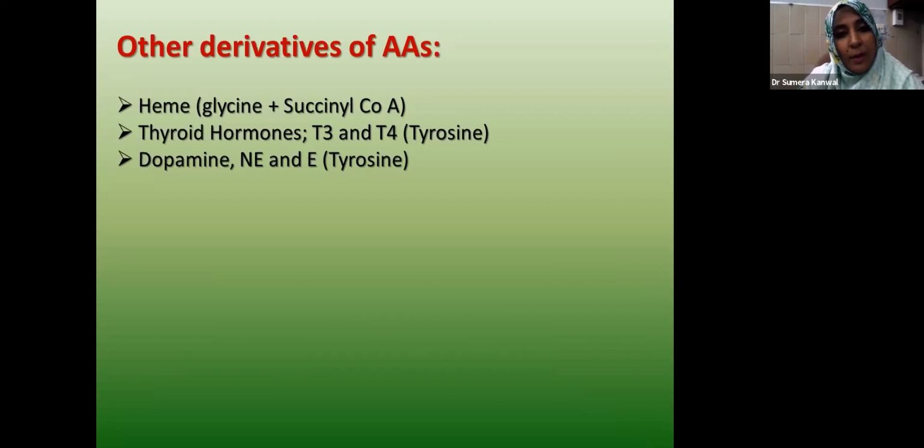Tyrosine gives dopamine upon hydroxylation and decarboxylation. Then dopamine upon hydroxylation becomes norepinephrine, and norepinephrine upon methylation becomes epinephrine. When epinephrine is synthesized from norepinephrine, the methylation reaction is done in the presence of S-adenosylmethionine.